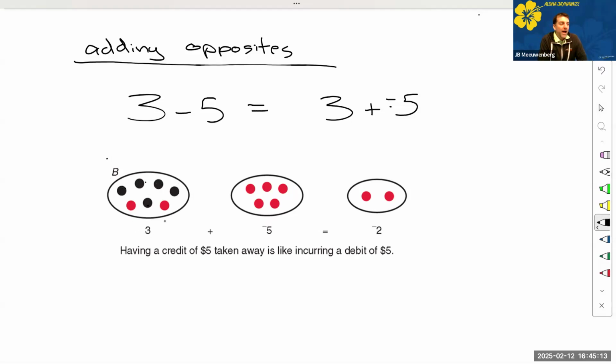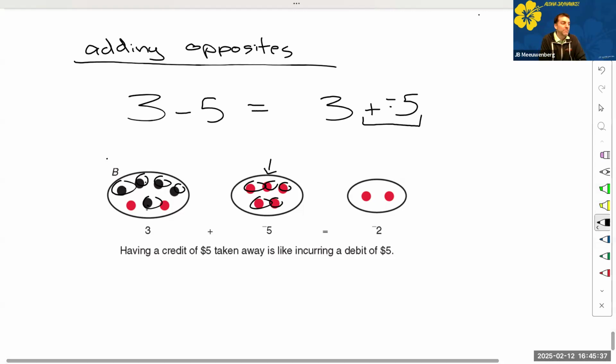Now, why did I start with it looking like this? Because we are going to add 5 negative tiles to that set right here. When we combine these two things, what we end up with are 5 black tiles and 5 red tiles all paired together and then taken away.